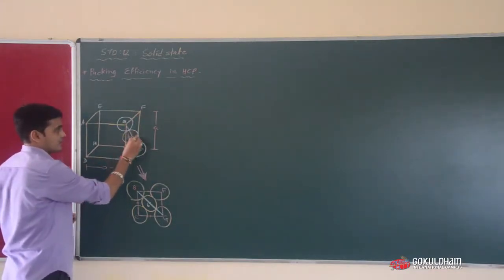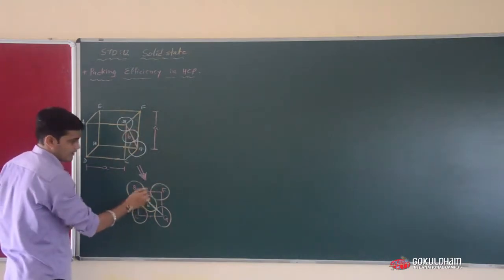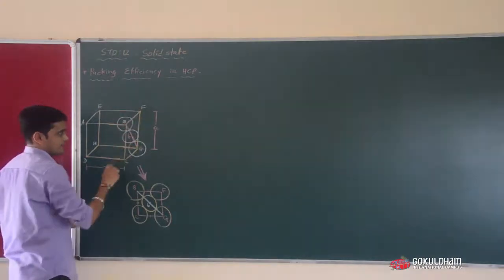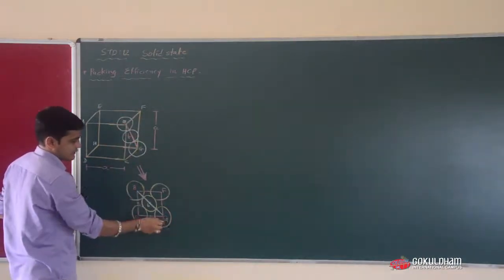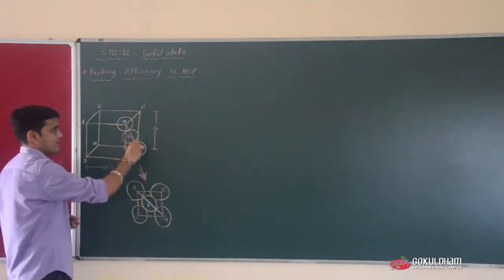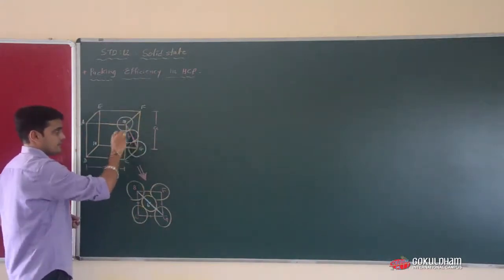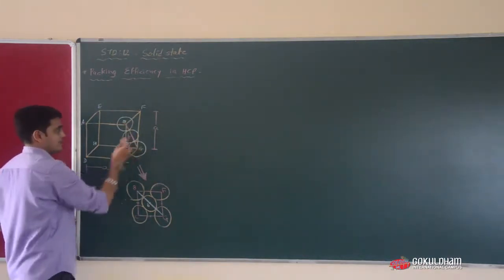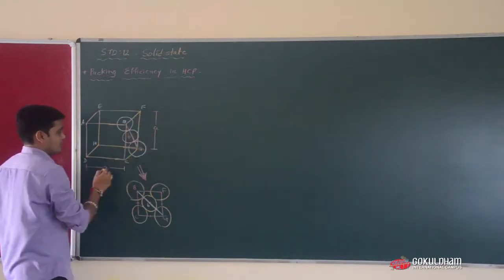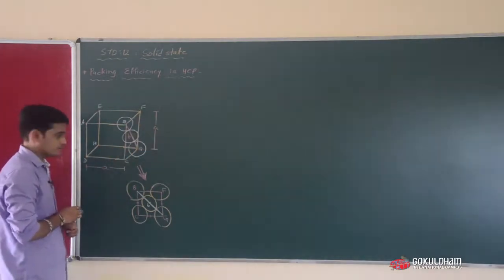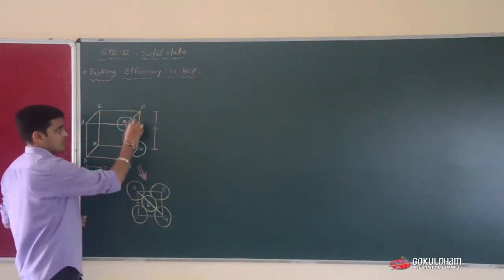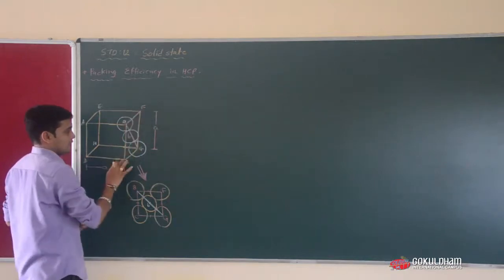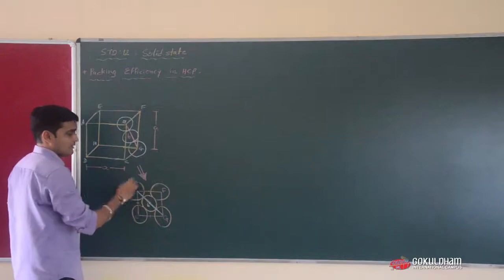This center atom is in the middle of this plane, and this plane BFGC is shown over here. One diagonal line is there, B to G. This B to G is known as the body diagonal, and these both lines have edge A. Over here I am not showing the atoms, but there is a presence of an atom on every corner.